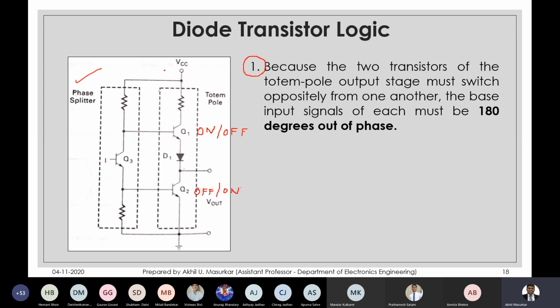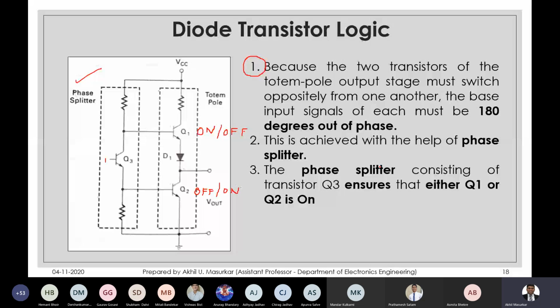That's what we are actually trying to do. This is achieved with the help of phase splitter. Phase splitter consisting of transistor Q3 ensures that either Q1 or Q2 is on.